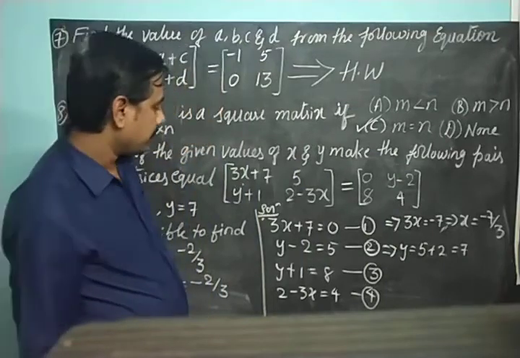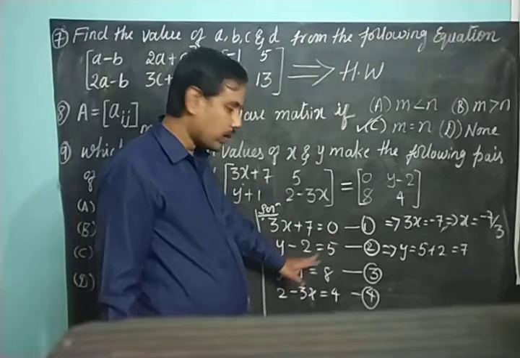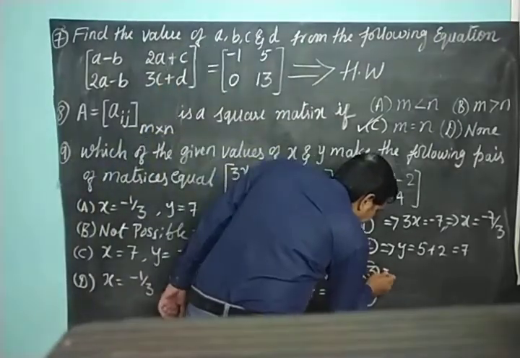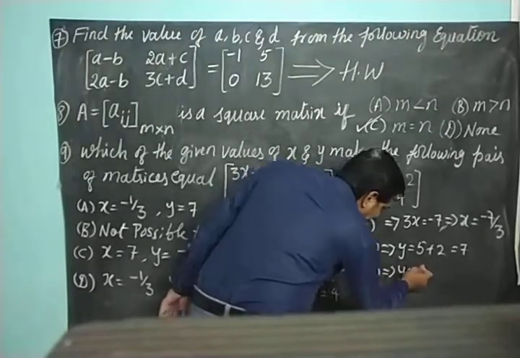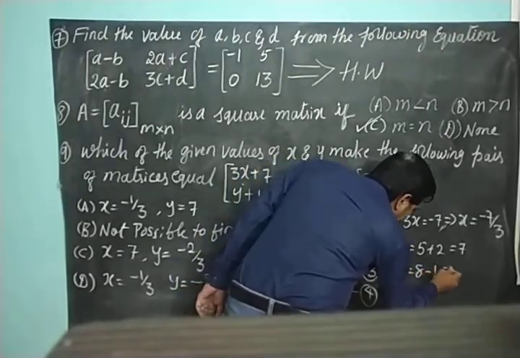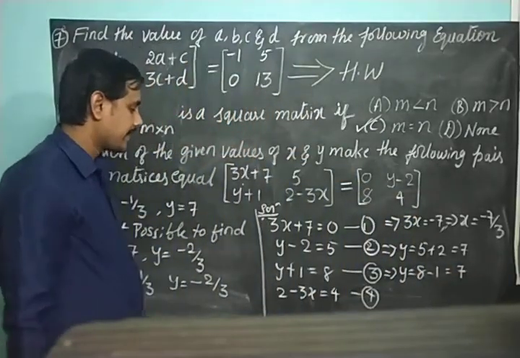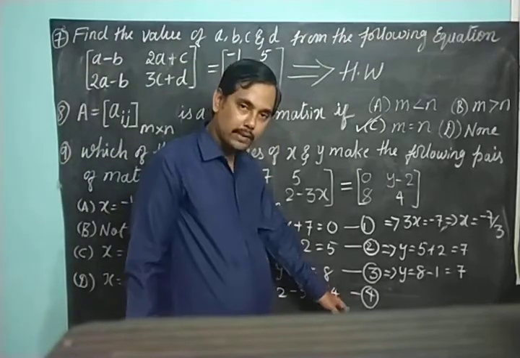Okay. Next, here y plus 1 is equal to 8. 1 shifted to the other side becomes minus 1. So I can write y is equal to 8 as it is, minus 1, that is equal to 7. Next, 2 minus 3x is equal to 4.